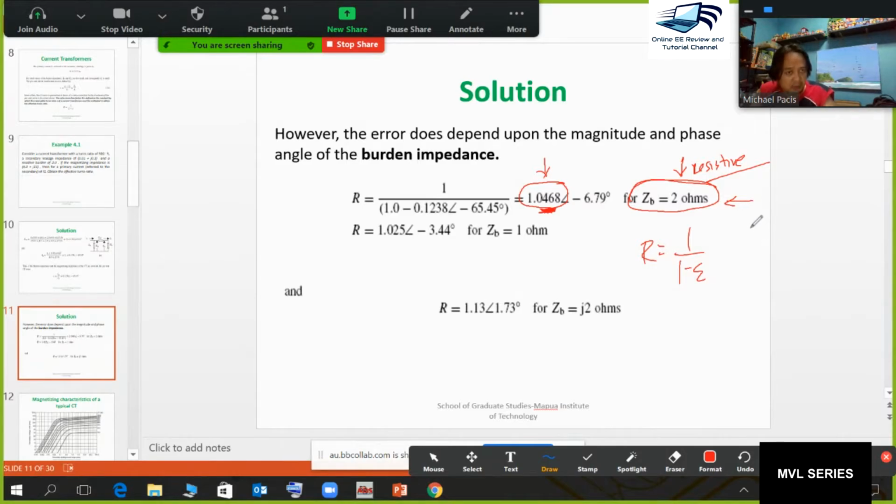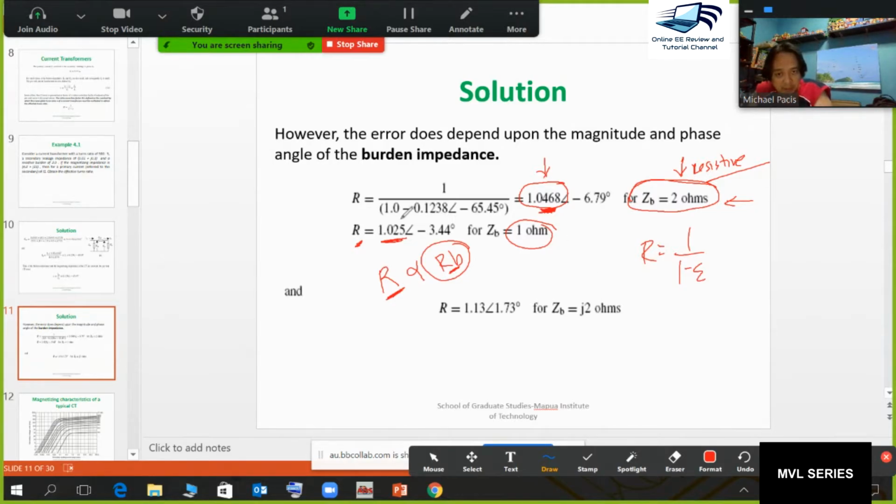But if you have a j already, you're considering your burden is inductive. You can see here that if I use ZB as 1 ohm, what happens? Your R is proportional to the burden impedance, right? So RB is the burden resistance. If you lower the burden resistance, you will have a lower ratio of error.